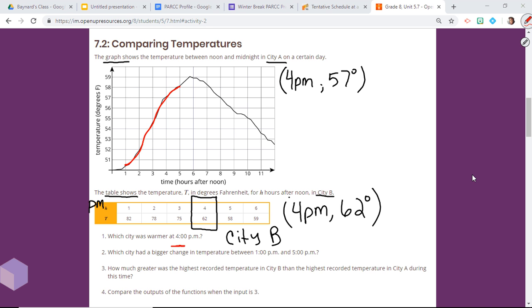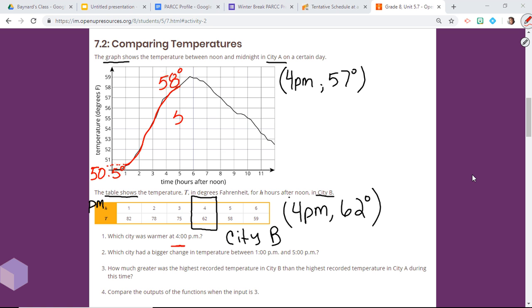So we look at 1 p.m. in City A. It's roughly, let's call it 50.5 degrees, right? Somewhere between 50 and 51 degrees. And at 5 o'clock, it is approximately 58 degrees Fahrenheit. So what's the change in temperature?